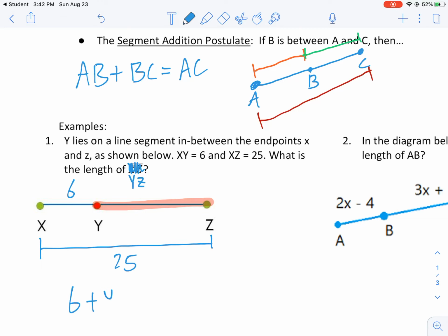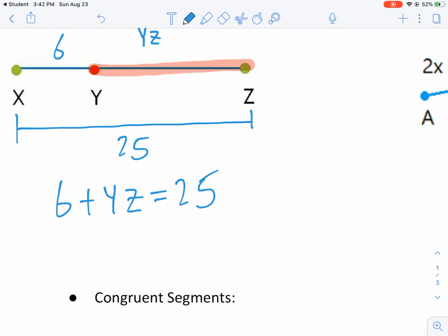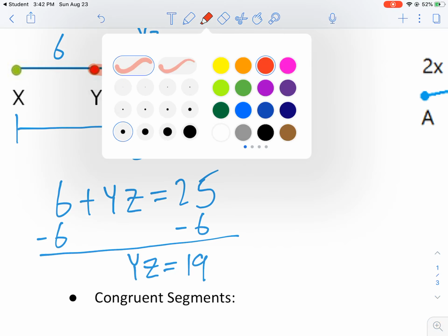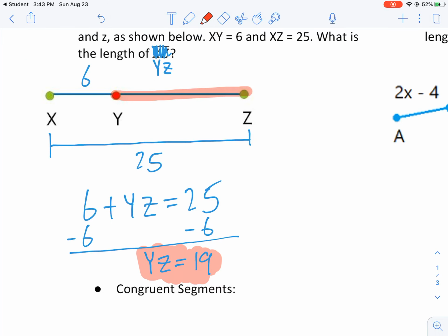So 6 plus YZ equals the whole thing, which is 25. And this is very easy to solve. Just subtract 6 on both sides, and we get YZ equals 19. And that's it, that's your answer. So YZ is 19.